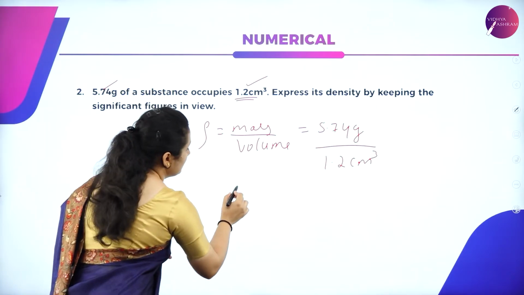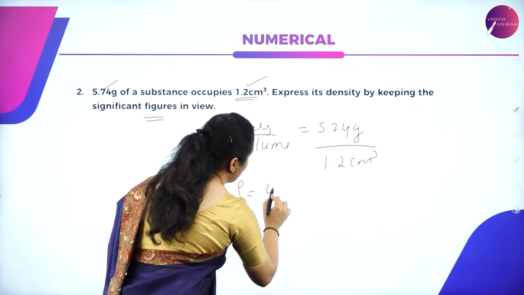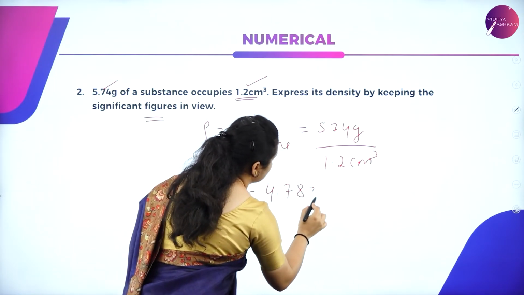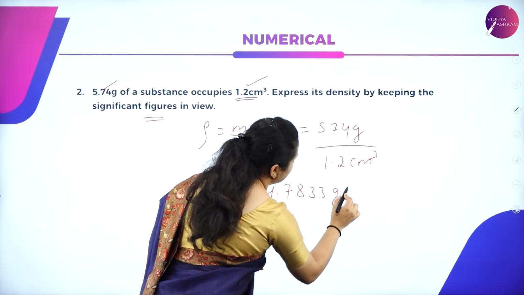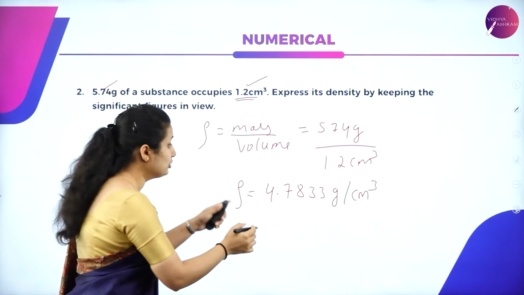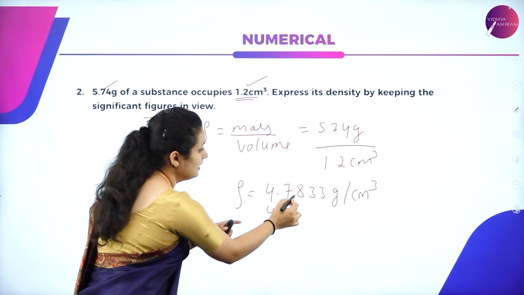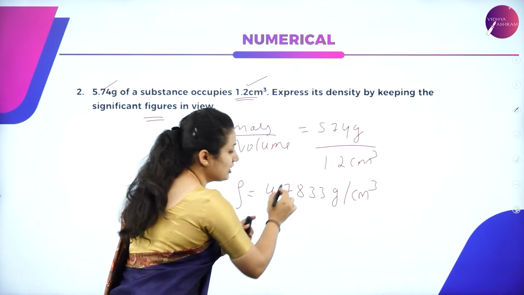So, how will you get density? What is the value of density now? When you divide, you will get 4.7833 gram per centimeter cube. How will you round off this? You see here, 4 point after 7, this is a preceding term and this is your succeeding term.